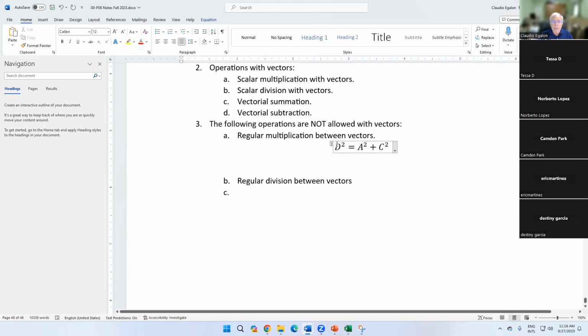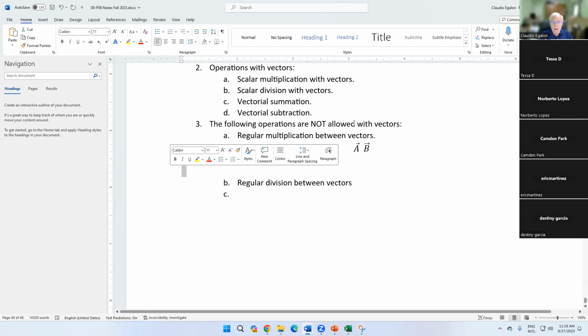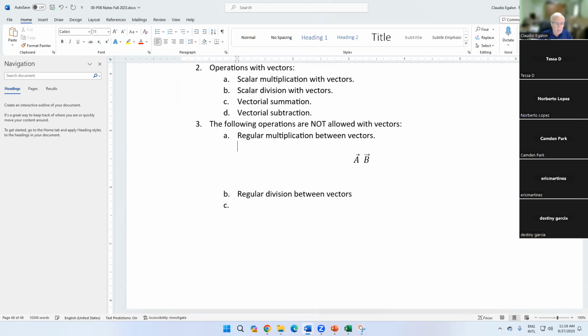Oops. I mean the following. You cannot have A multiplying B. Okay? You cannot have that. You can have other types of multiplication, but not the regular multiplication that we use for numbers. There's some special type of vectorial multiplication that we can do, but it's not this one.